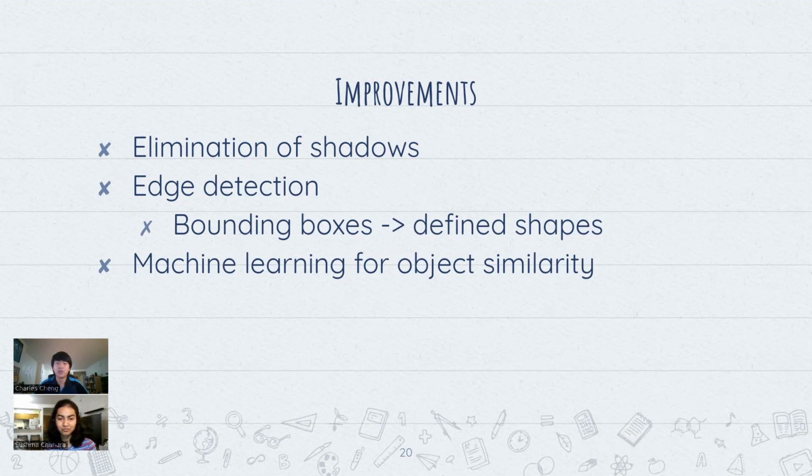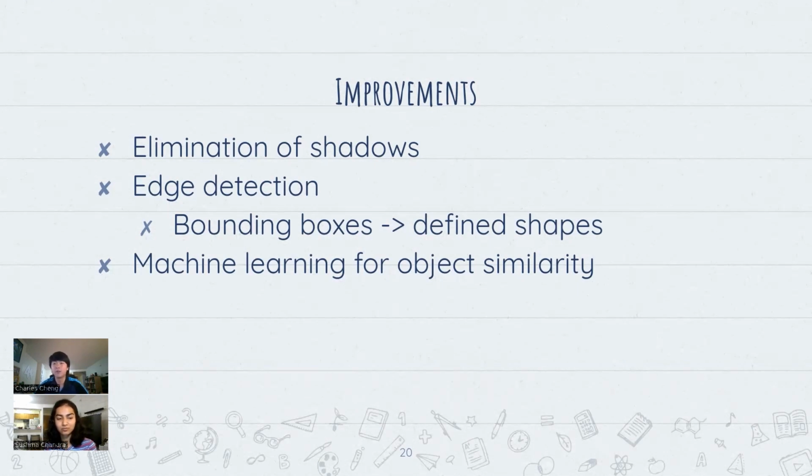The second thing we could do is edge detection. When we're drawing bounding boxes around it and determining a score for the object, we're simply taking all those pixels in that box and using that, and that includes some of the background. So if we had a way to define the contour of the shape, then we can just use the pixels of the object itself to determine that score.